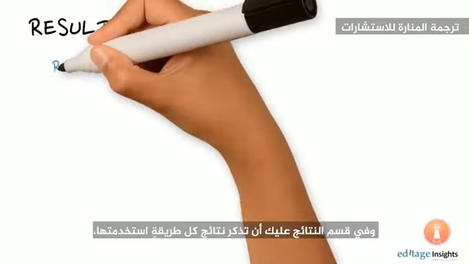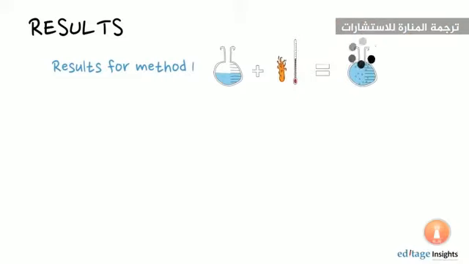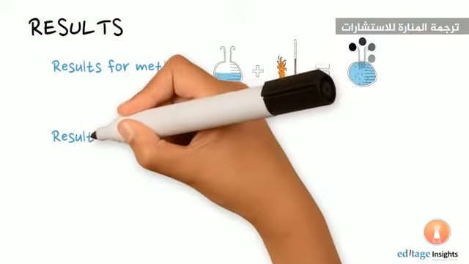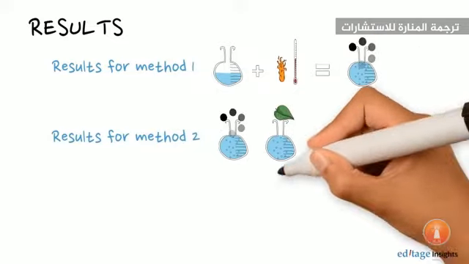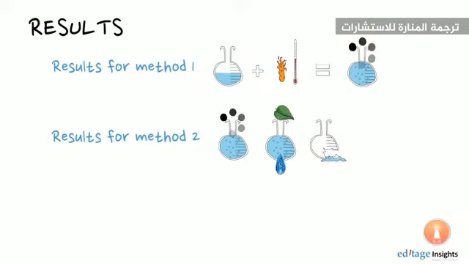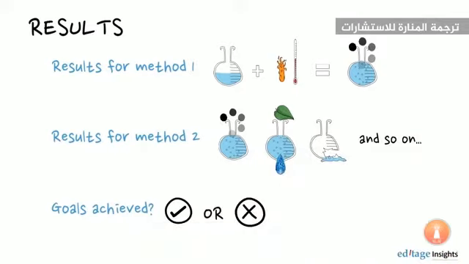In the results section, you must report the results for each method used. And mention whether you were able to achieve the goals of your research.